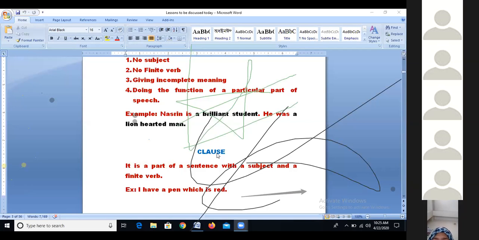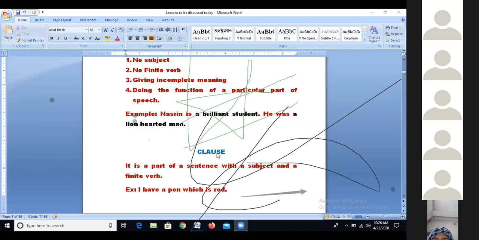Now, what is clause? Clause is a part of a sentence with a subject and a finite verb. Don't get confused. A phrase is also a part of a sentence. A clause is also a part of a sentence.